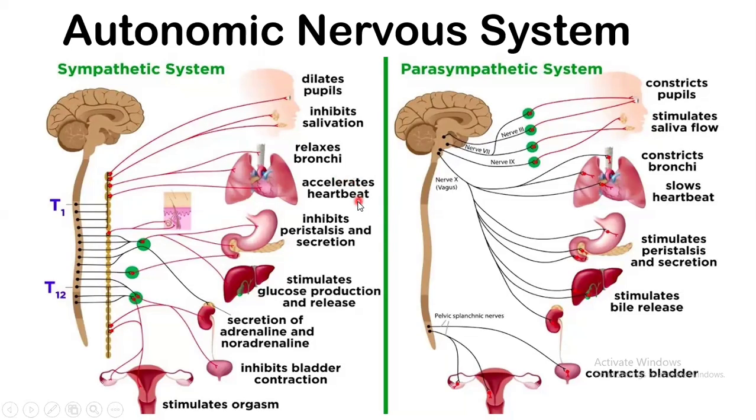It also causes acceleration of the heartbeat, inhibits peristalsis and secretion, stimulates glucose production and release, and secretion of adrenaline and noradrenaline, inhibition of bladder contraction, and stimulates the organs. Then the parasympathetic nervous system promotes relaxation and energy conservation.